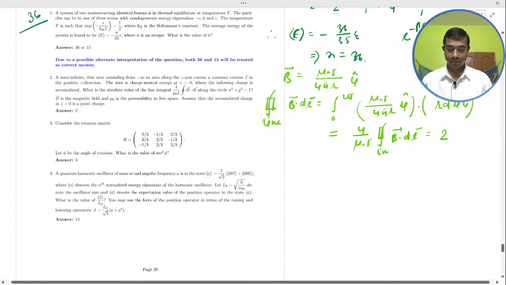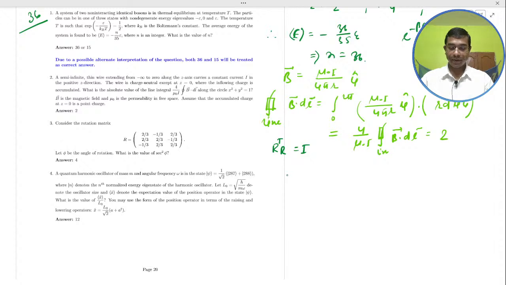First, simple: R transpose R, you would get the identity matrix. You do it yourself. So R is what?